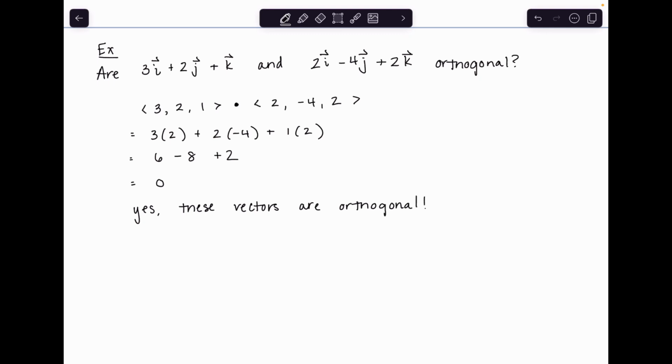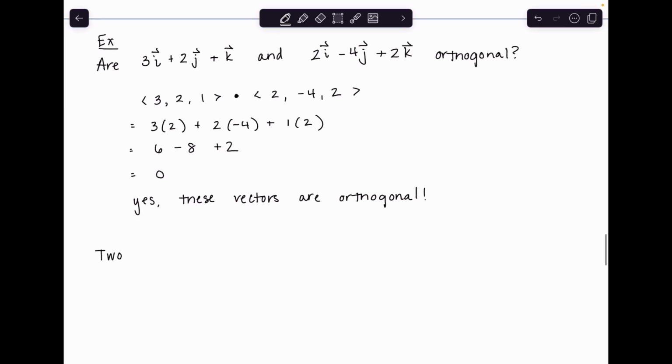Okay. Now in the same kind of similar boat, we have orthogonal, meaning they form that right angle. We can also talk about two vectors being parallel to each other. So we want to go through the classification for that.